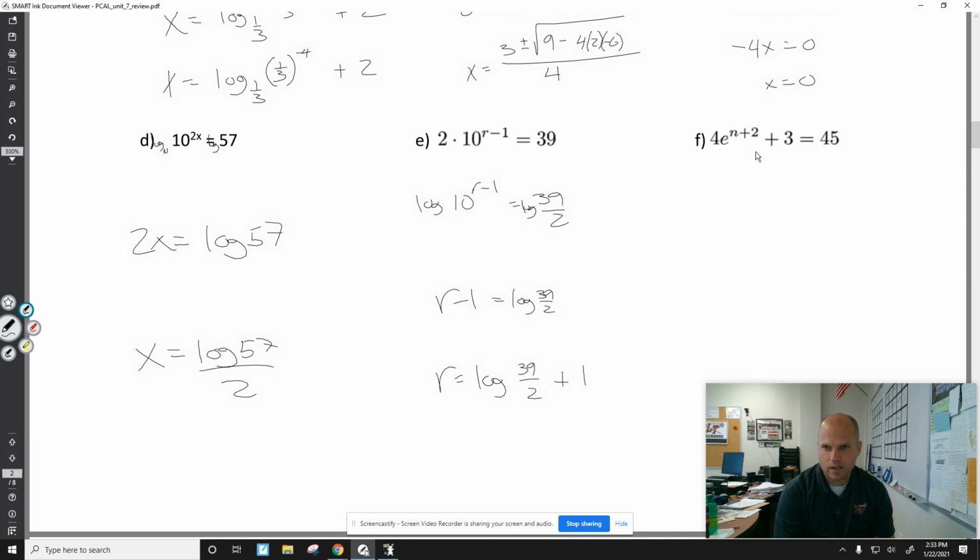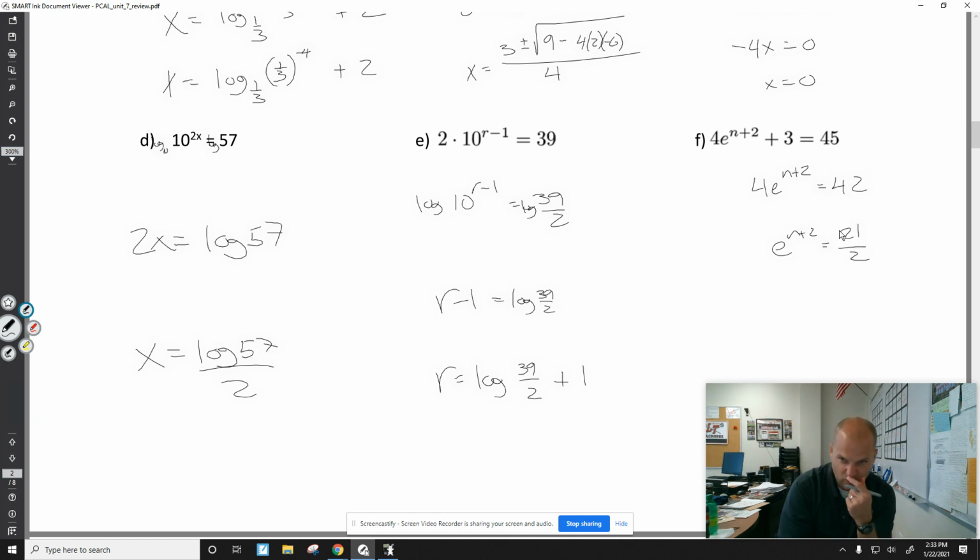Going to subtract 3. Divide by 4 first to isolate the e to the power. So subtracting 3, I get 42. Dividing by 4, no, divide by 2, that's 21 halves.